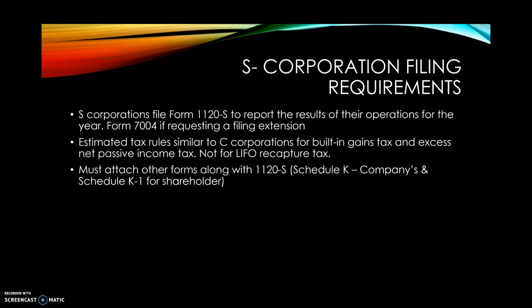Also, the K1 form for an 1120S is different than the one on the 1065. It does not report self-employment income. It does not allocate entity level debt to shareholders and does not allow for shareholders to have profit and loss sharing ratios that are different from shareholder percentage of stock ownership.